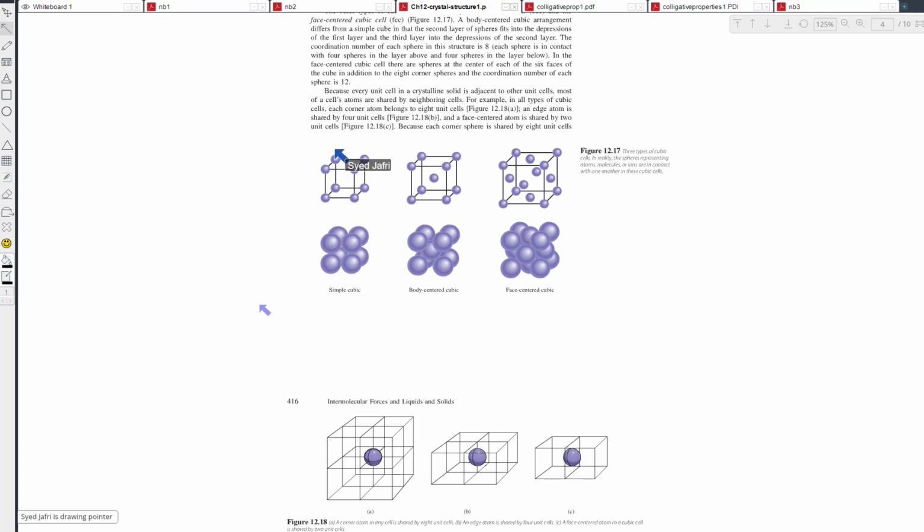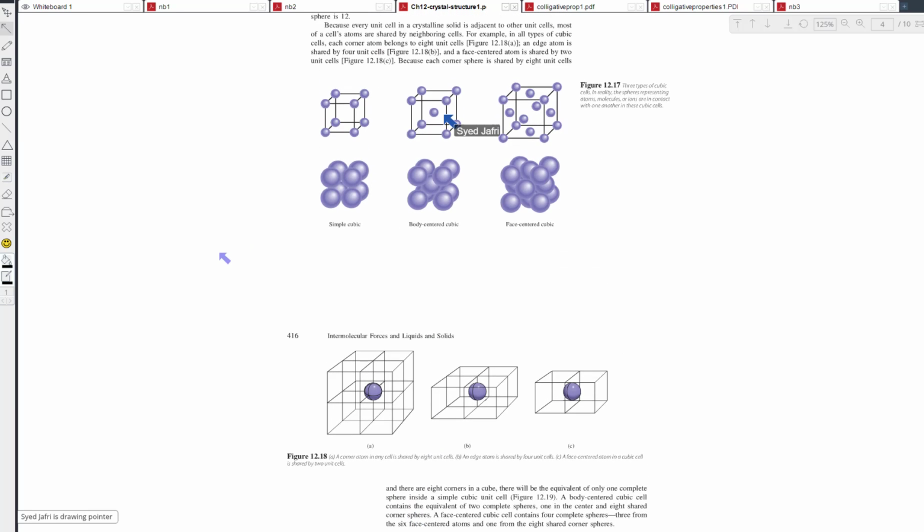Overall, only one sphere completely belongs to one cell, because 8 times 1 over 8 gives you 1. In the body-centered case, the 8 corners again give 1, and 1 is in the center, which belongs only to this cell. So 1 plus 1 is how much? 2.